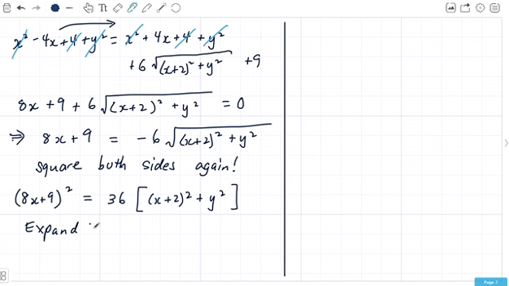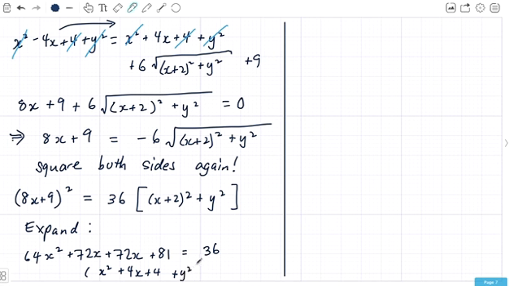The key thing with specialist maths is the algebra. There's so much algebra that you need to be able to do: 9 times 8 is 72, 9 nines are 81. And just keeping track of all the working, that's the really key thing. x squared plus 4x plus 4 plus y squared.